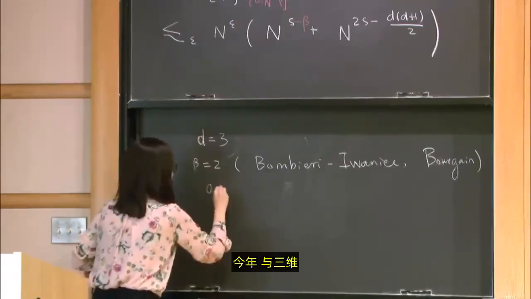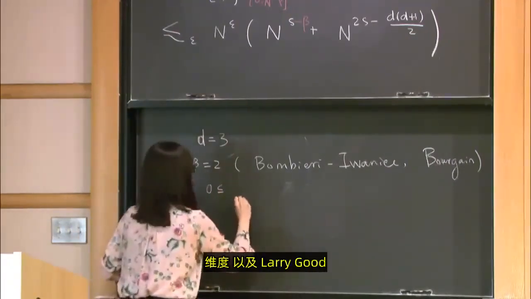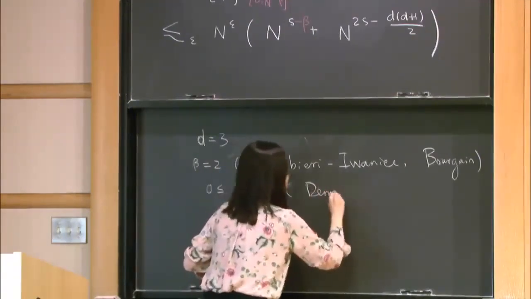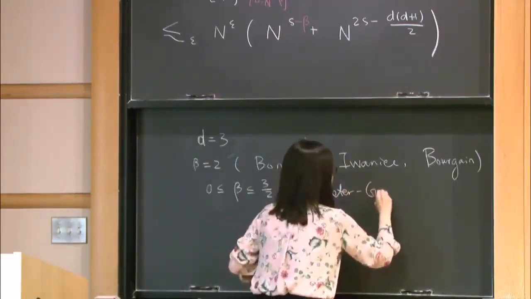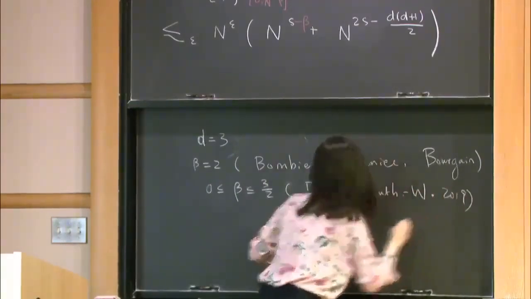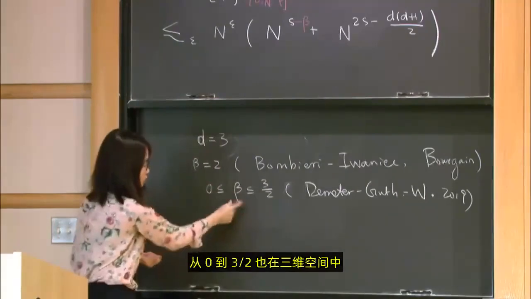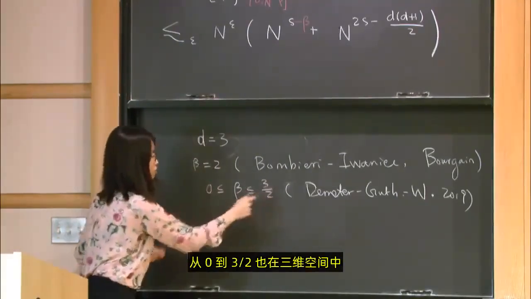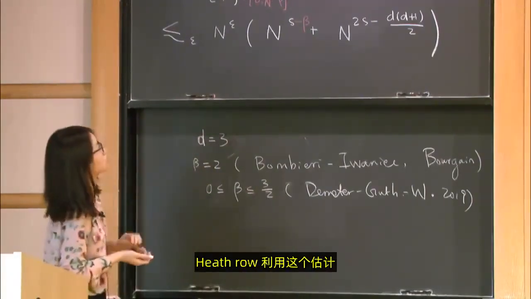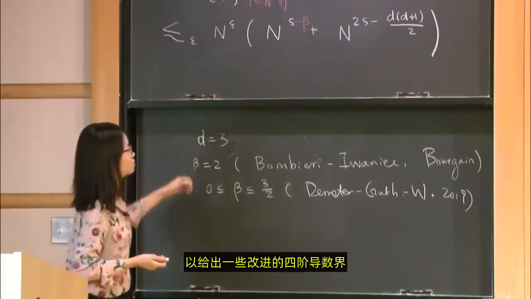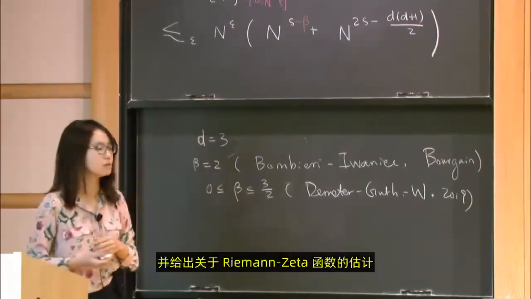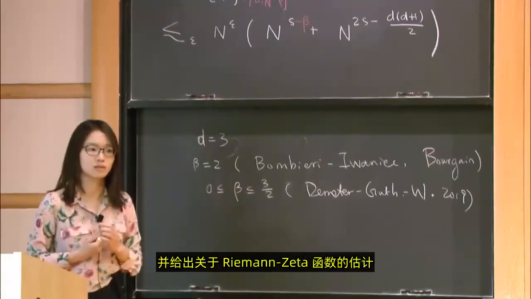And this year with Ciprian Demeter and Larry Guth, we showed it for a range of beta from 0 to 3/2, also in dimension 3.